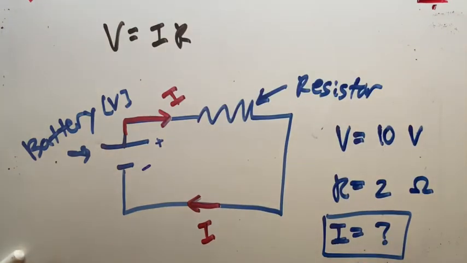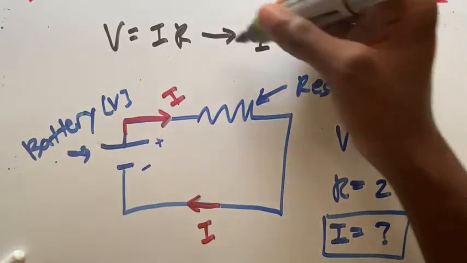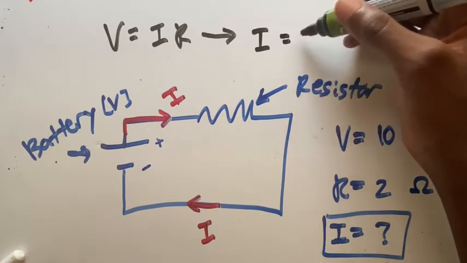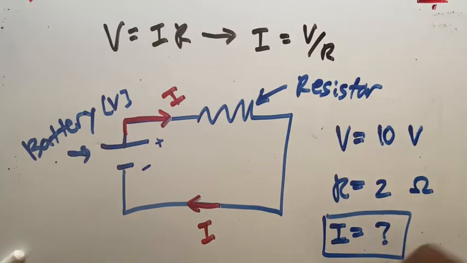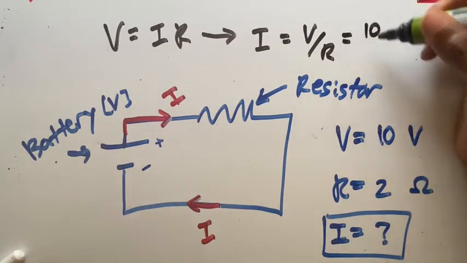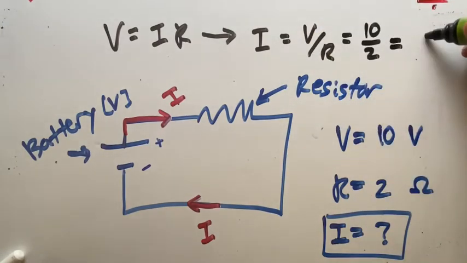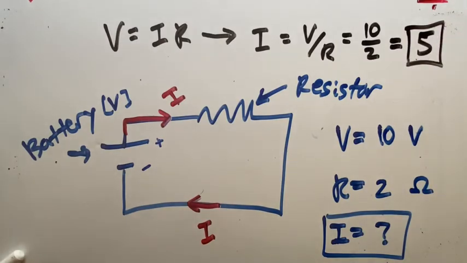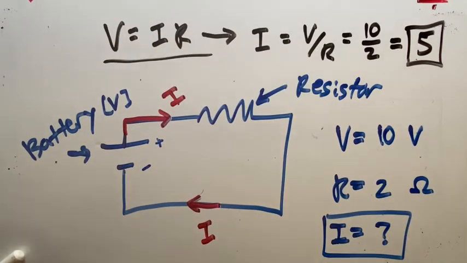And we're trying to find the current. So the current is going to be given by I equals V divided by R. The voltage is 10, so it's going to be 10 divided by the resistance, which is 2. So the current's going to be 5. Boom. So, a quick and easy example of how we use Ohm's law within a circuit.